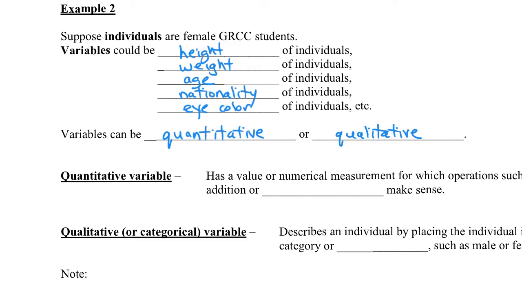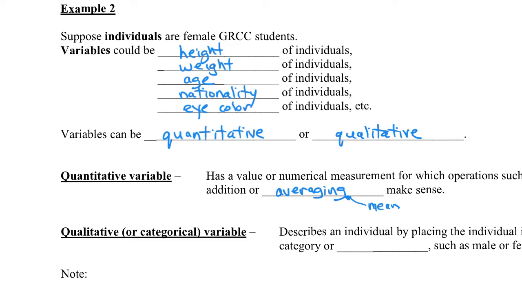So a quantitative variable is one that has a value or numerical measurement for which operations such as addition or averaging make sense. And when you think of averaging, think of the mean, not the mode. Would it make sense to say what is the mean? If it does, then it'd be a quantitative variable.